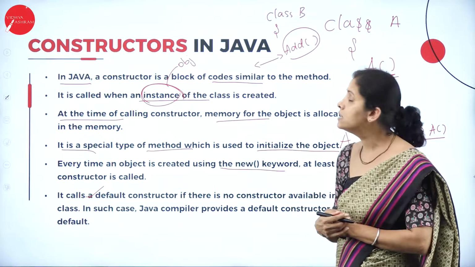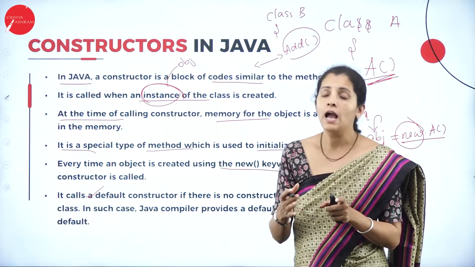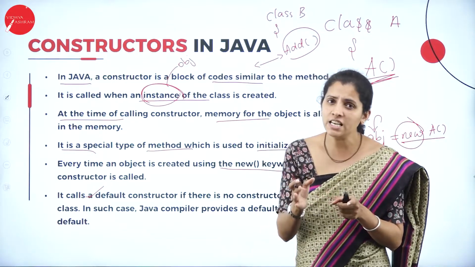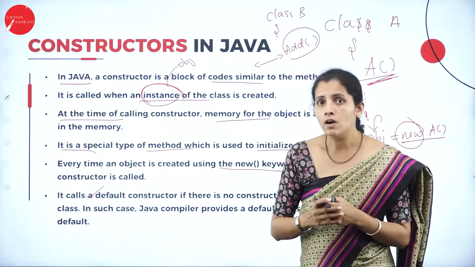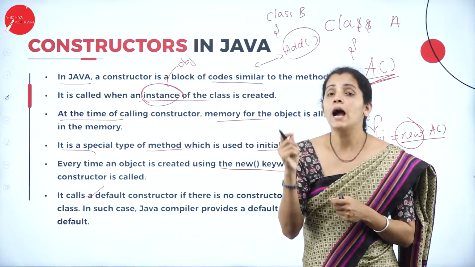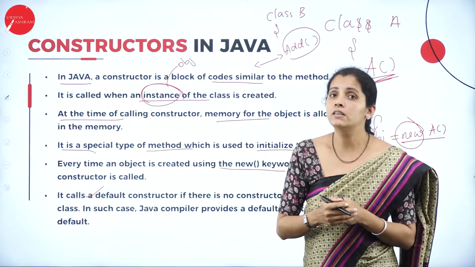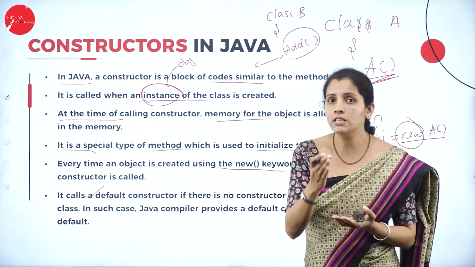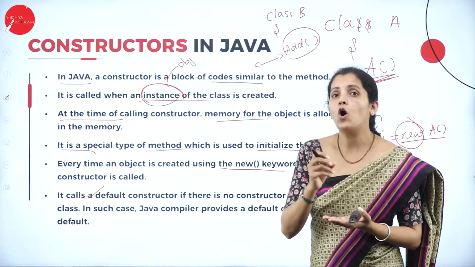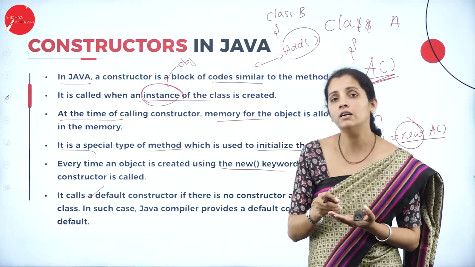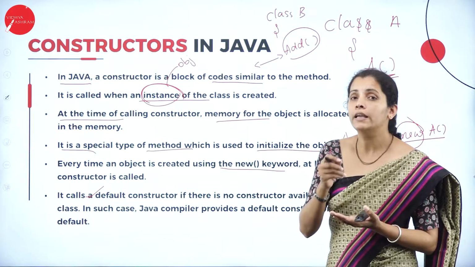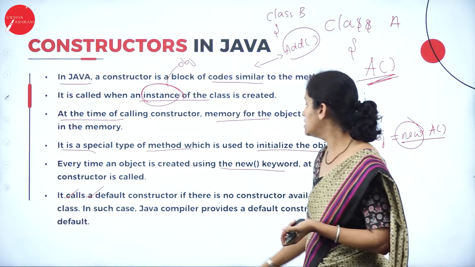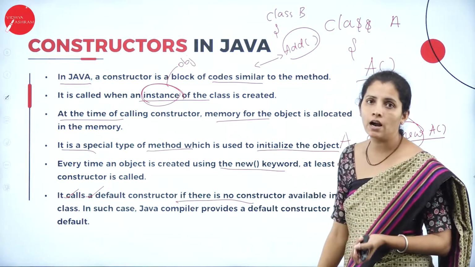So, dear student, suppose in my program I'm not going to use a default constructor, but still each time I run a Java program, the default constructors are invoked. How is it invoked? During the object creation, the default constructors get invoked. It calls a default constructor if there is no constructor available.